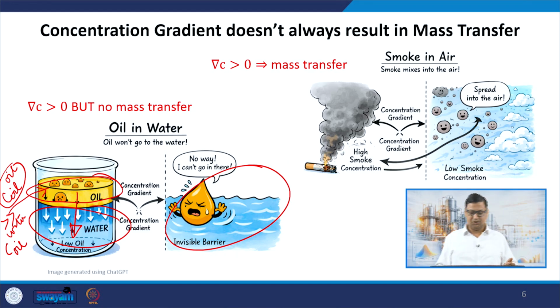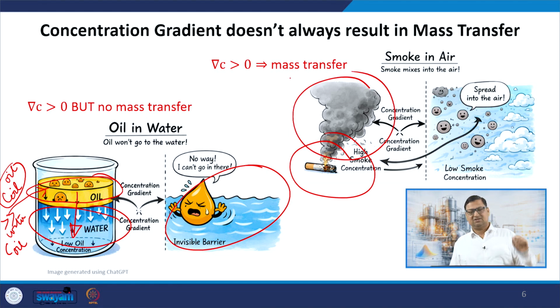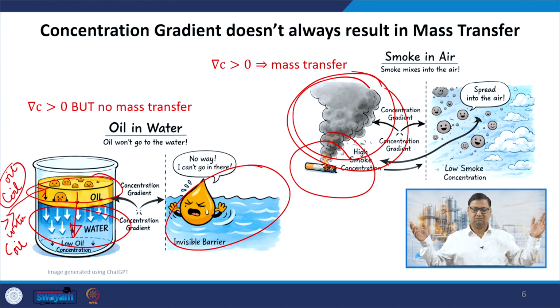I can take a counter example. Let us say, for example, somebody smoked a cigarette and there is a lot of smoke out there. By the way, cigarette is injurious to health. So, there is plenty of smoke there, and if this is happening in an open room, then all the smoke is going to fill that entire room and will get diluted.